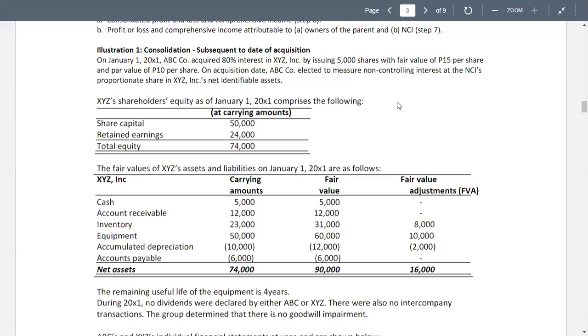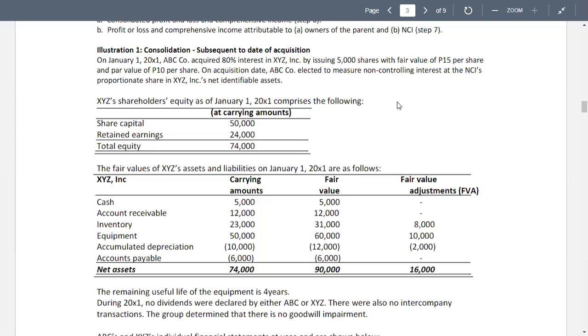The remaining useful life of the equipment is 4 years. So that involves an adjustment in the equipment by 10,000 and an adjustment in accumulated depreciation by 2,000. In other words, the net adjustment in the equipment account is 8,000. And as stated, the remaining useful life of the equipment is 4 years.